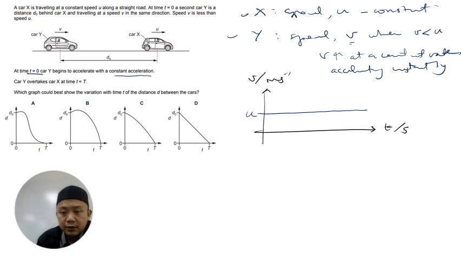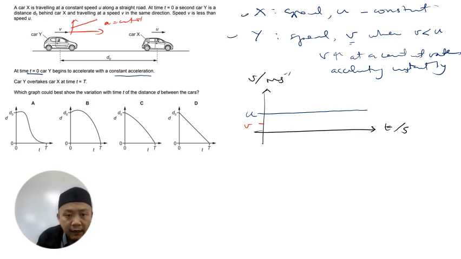Now what happens to car Y? Initially, let me use the color red, v is less than u. And it begins to accelerate. That means we can expect the graph of v to increase at a constant rate, so the acceleration will be constant in this case.